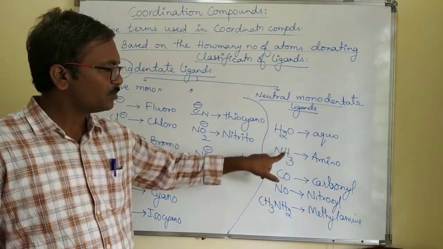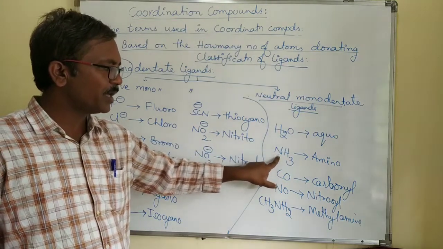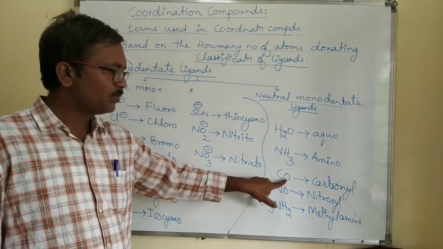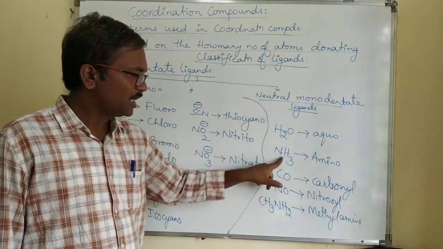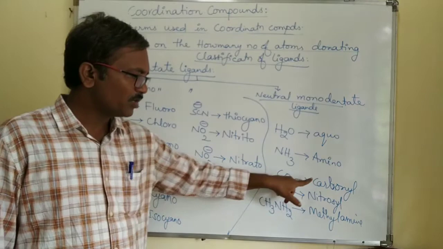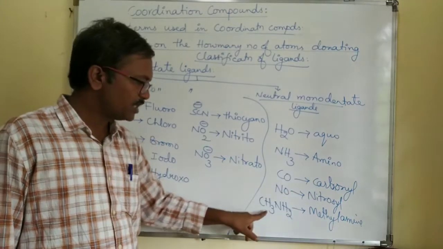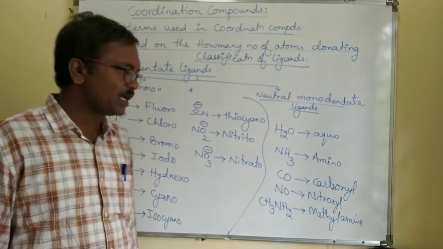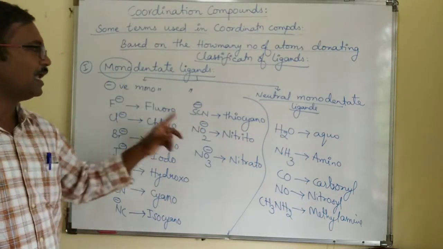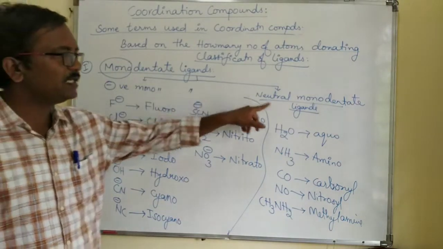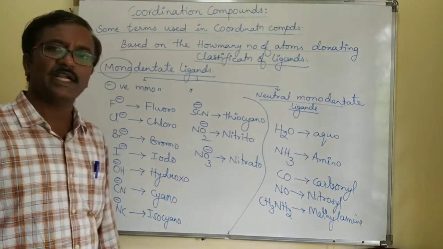Here nitrogen donates the electron pair. So water, aquo; NH3, amino; CO, carbonyl; NO, nitrosyl; CH3NH2, methylamine. These are the monodentate ligands, negative monodentate and neutral monodentate ligands.